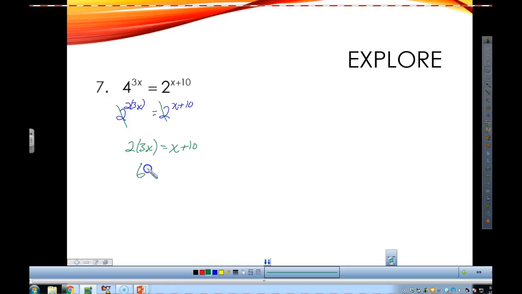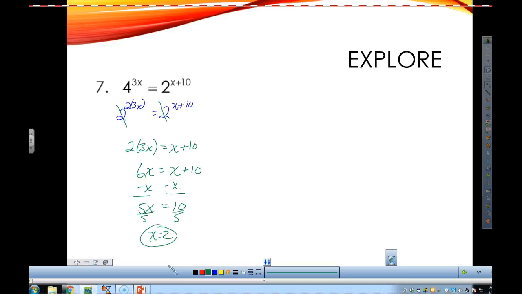Multiply, 6x equals x plus 10. Subtract x from both sides. 5x equals positive 10. Divide both sides by 5. x equals 2. Easy peasy? I hope so. I hope this is pretty easy for you.